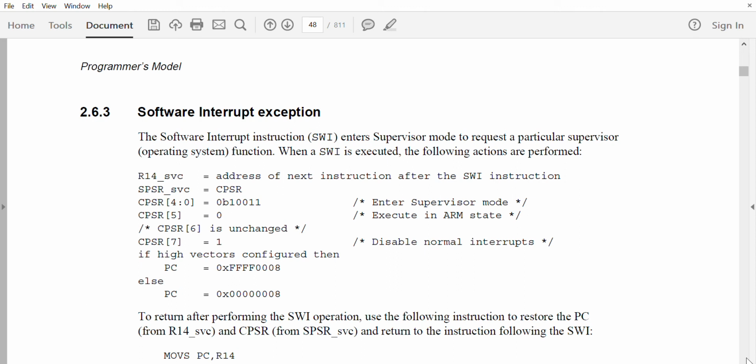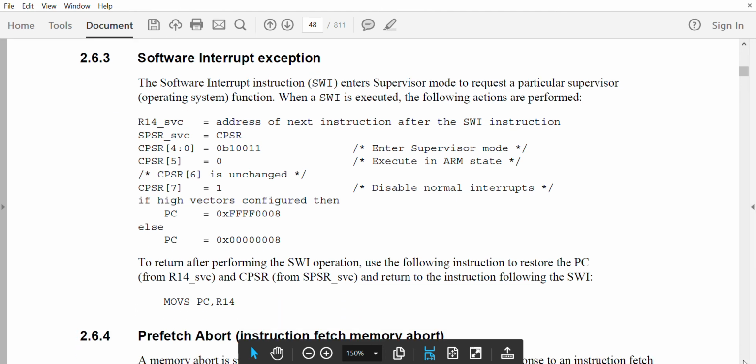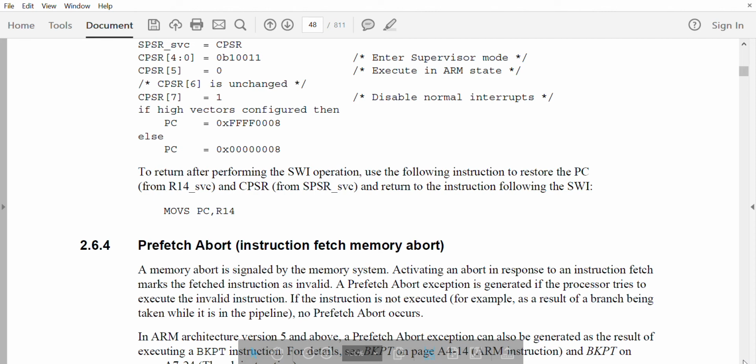So when this software interrupt is executed, the contents of the PC will be stored somewhere, and after the execution of this exception, that will be given back to the PC. And also the status register contents will be preserved in the CPSR.